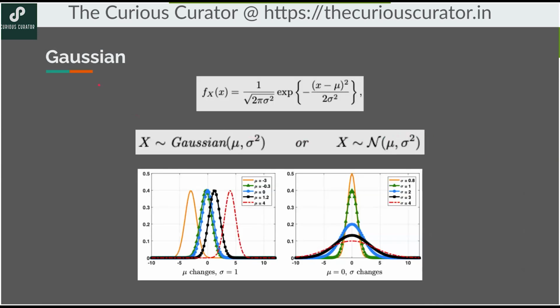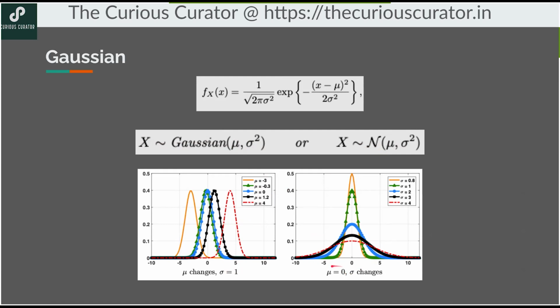The next one is Gaussian distribution. Again, the formula looks something like this. It has two parameters, mu and sigma, and X is drawn from a Gaussian with parameters mu and sigma square. This is how you write it, or like this. In the plots, we are showing that if I keep my sigma fixed equal to 1 and change my mu, the shape doesn't change, just the location changes.